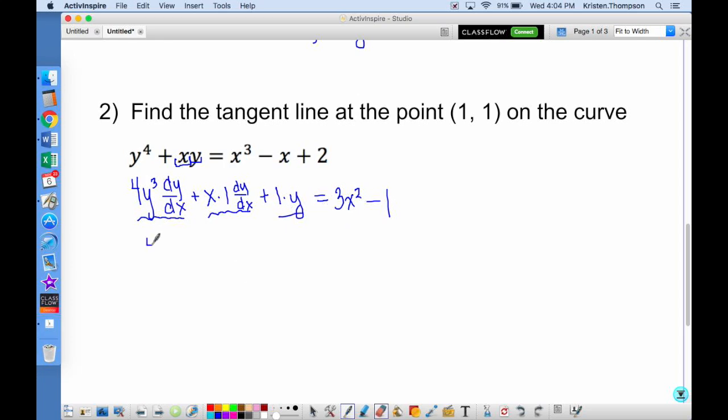This gives me 4y cubed dy/dx plus x dy/dx equals 3x squared minus 1 and minus y when we brought that y over. The next step is to factor out the dy/dx. So on the left-hand side, we're going to factor out dy/dx.